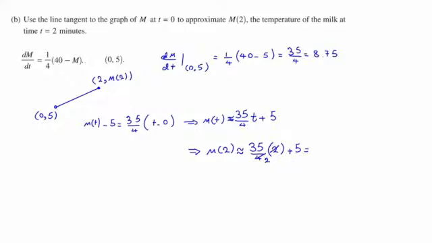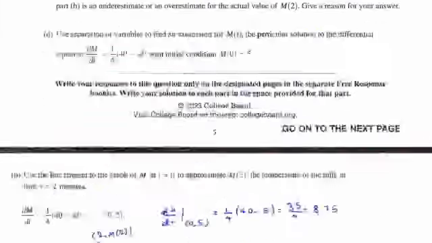If we cancel 2, it is 35 plus 2 times 5, which is 10. It will be 45 over 2, or 22.5. And if you want to determine the unit, it is 22.5 degrees Celsius.